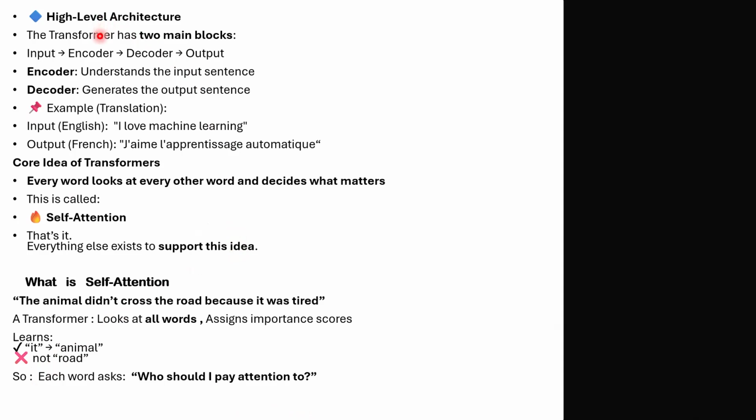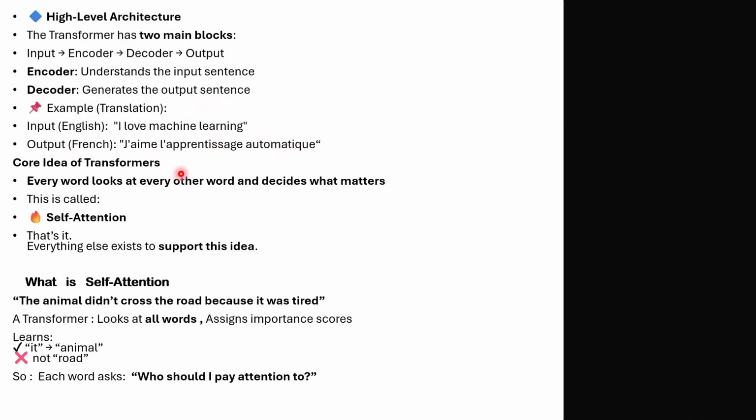The transformer has two main blocks: the encoder takes the input, and the decoder produces the output. The encoder understands the input sentence. The decoder generates the output sentence. As a small example, take translation: the input is I love machine learning, and it translates to French and gives the output sentence. The encoder is used for understanding, and the decoder speaks the output.